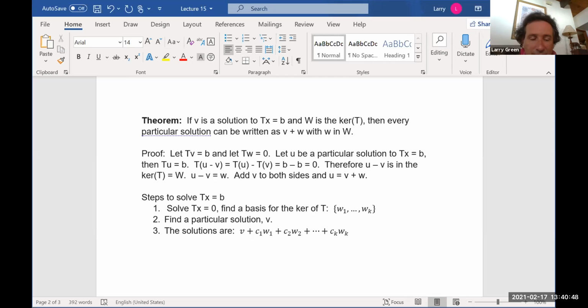Does that make sense? So you have your model for what you're doing. You do one experiment and you find out what that experiment did, call that the V, then you do the null space, and then you've got all possible solutions. Any questions on this? Okay, so particular solutions are pretty important.